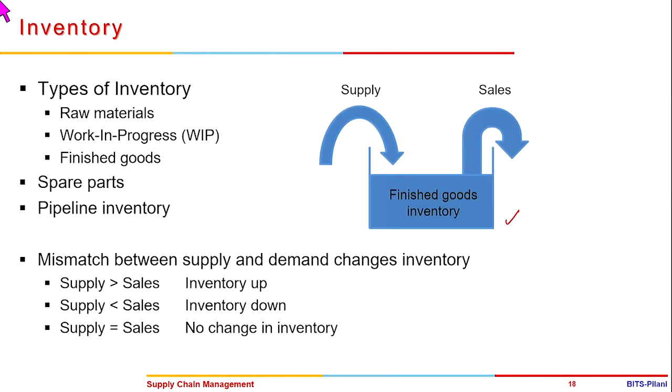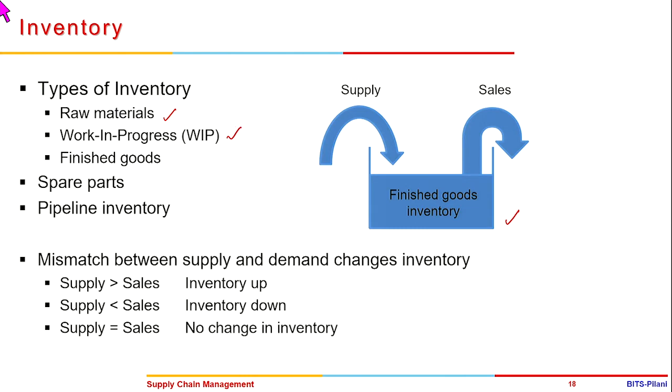So inventory in a manufacturing company is classified into three categories. One is raw material inventory. This is the inventory of materials that you get from the suppliers which are yet to be processed. The materials which are being processed but are still not finished into the final product, that is called WIP, work in progress.